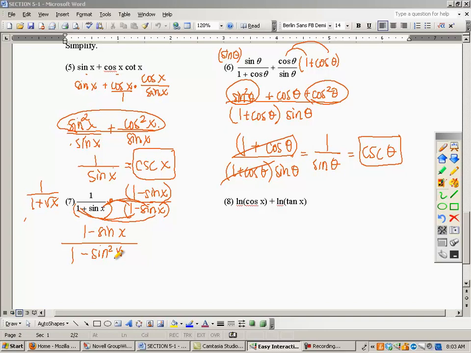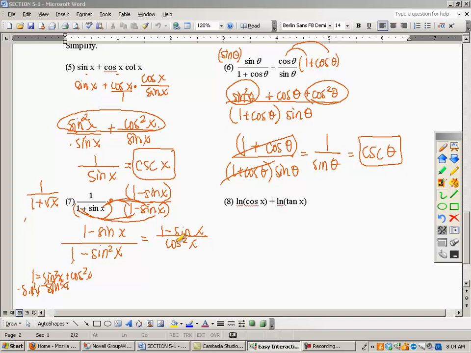And if I look at the Pythagorean identity that has a 1 and a sine squared, I know that 1 is sine squared plus cosine squared. So if I subtract a sine squared, what's left? Well, a cosine squared. So this ends up having 1 minus the sine of x all over cosine squared.